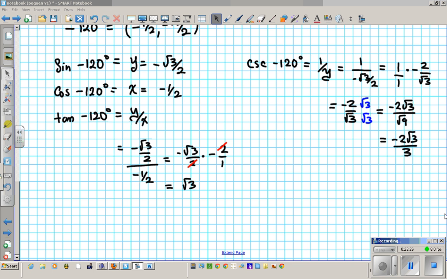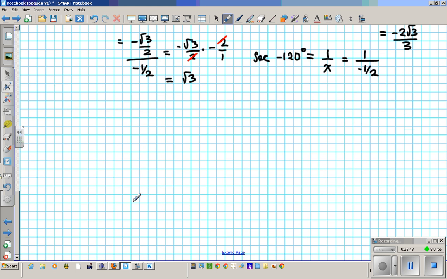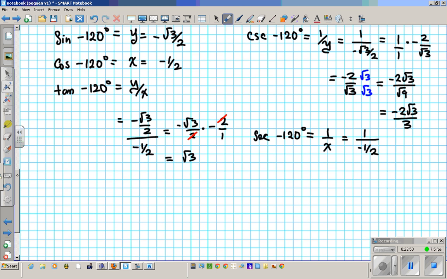Alright, let's take a look at the next one. Secant negative 120 degrees is a reciprocal of cosine, so that's 1 over x. So that's going to be 1 divided by negative 1/2. We have a fraction in the denominator again, so we have to DCF the problem.